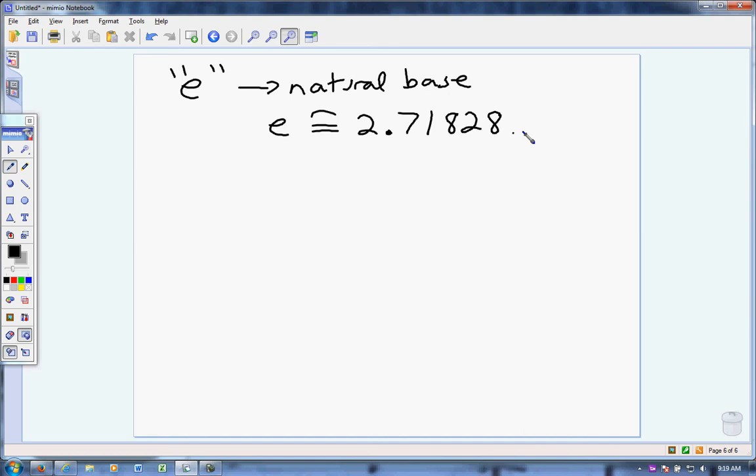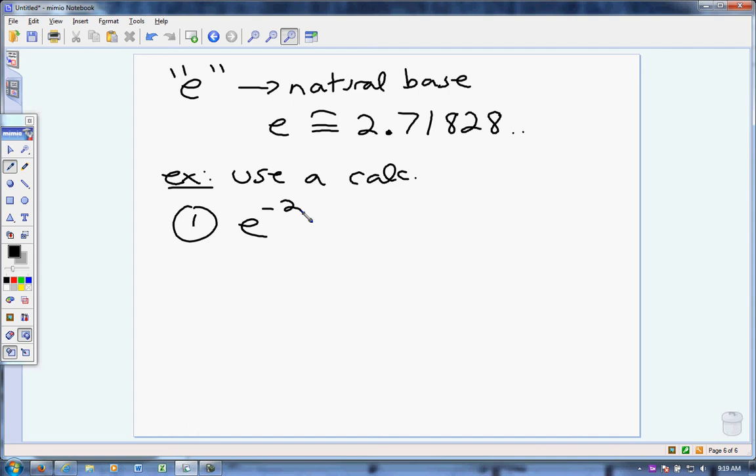So tonight, if they say use a calculator to find e to the negative 2, let's say, and we're actually going to be dealing with e as a function in our next day of notes. But let's just work with what e to the negative 2 means.